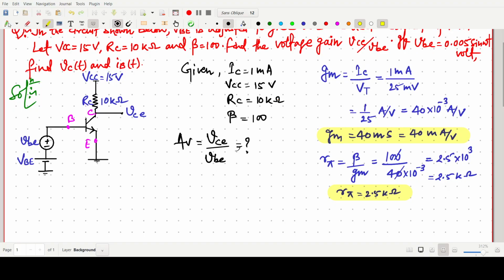For this transistor, we have to replace the transistor by a hybrid pi model. So I am just drawing a hybrid pi model for this transistor.